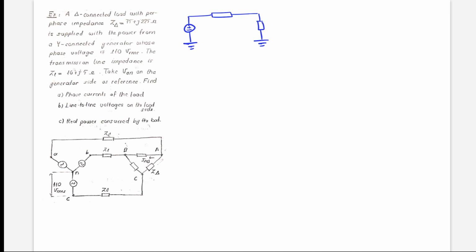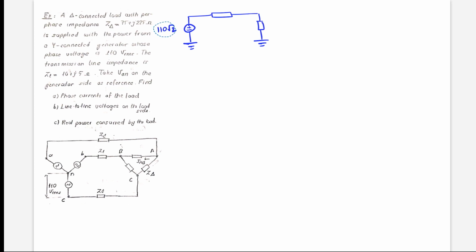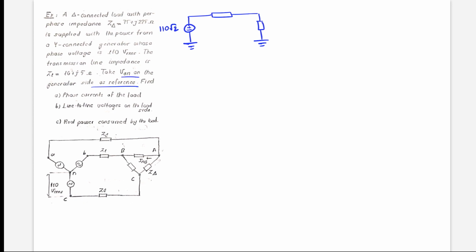So it will be 110 square root of 2. Since it says that VAN on the generator side is the reference, its phase should be 0 degrees. Okay, you can say it like this.